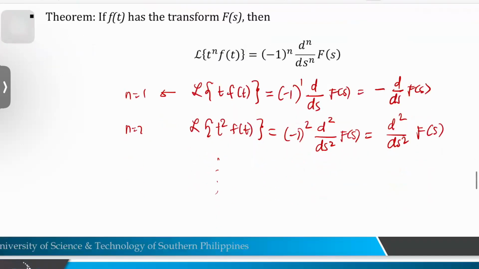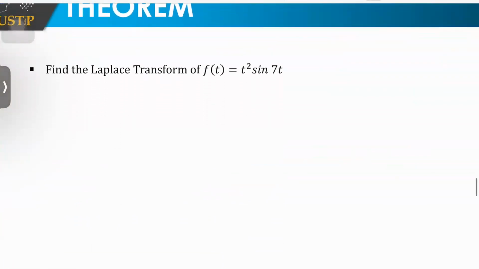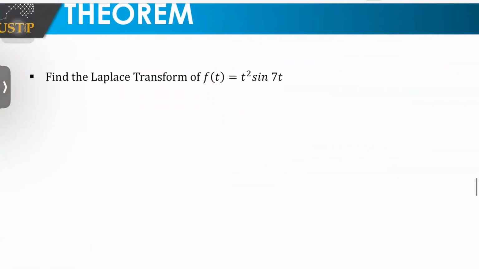Okay, let's have an example. Find the Laplace transform of f of t is equal to t squared sine 7t. This is similar to our earlier example, except that your t has an exponent of 2 instead of 1.